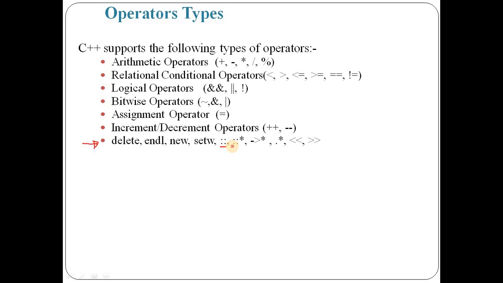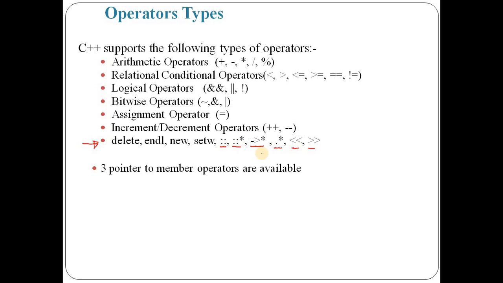This is also for declaring a pointer to a class member, accessing a member through a pointer, and through an object, and these are the extraction and insertion operators. So these are some of the operators defined in C++.